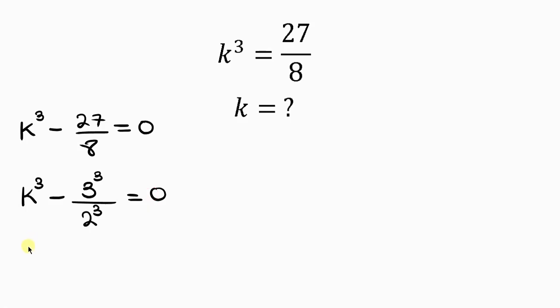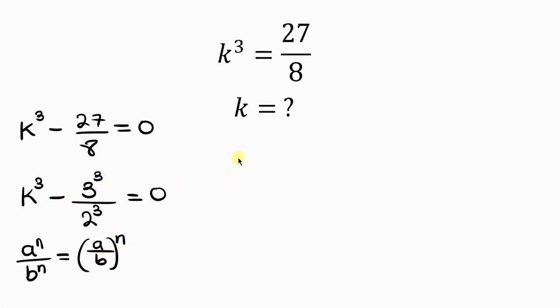So let's apply the law of indices, which says when I have a to the n all over b to the n, as long as the exponents are the same, this can be written as a over b to the n. So we're going to be expressing this like this.